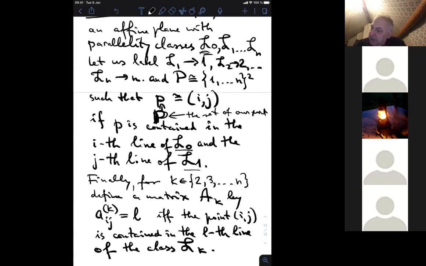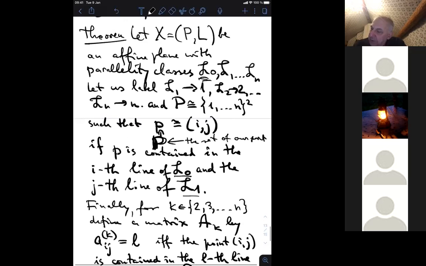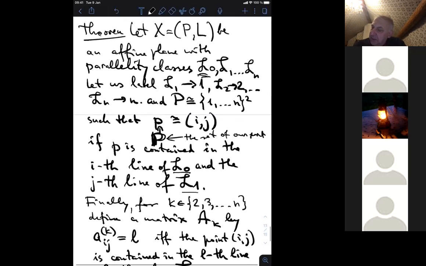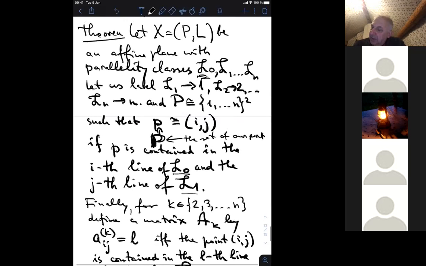So this is a construction. It's fairly involved. I wouldn't say that it's completely trivial.